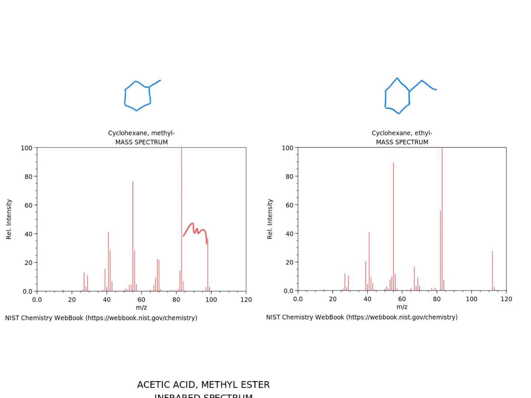Here we have a mass that's a little bit lower than this one. That makes sense. The gap here is about 15, versus the gap here is about 29. That is the difference between a methyl group and an ethyl group.